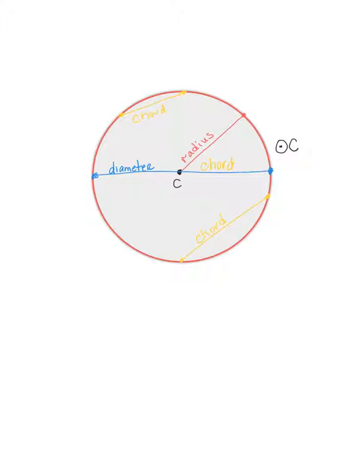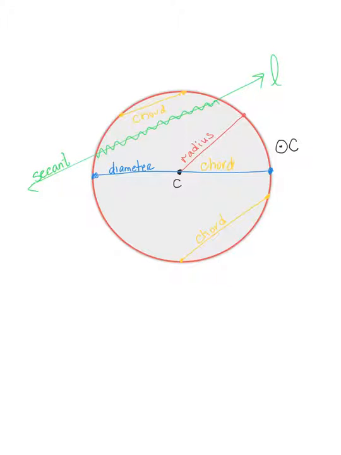Okay? If I have a line that contains a chord, like so, here's the chord piece, but I have a line, I'll just call line L, or even a segment that contains a chord, that line is called a secant. And it's not the same secant we had in trigonometry.